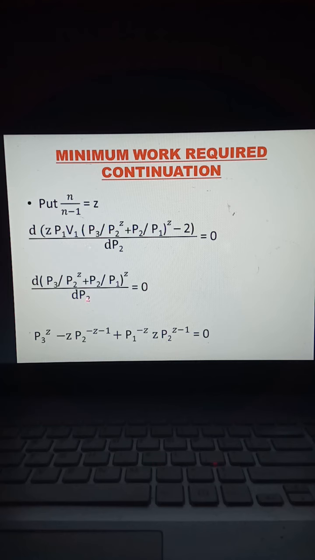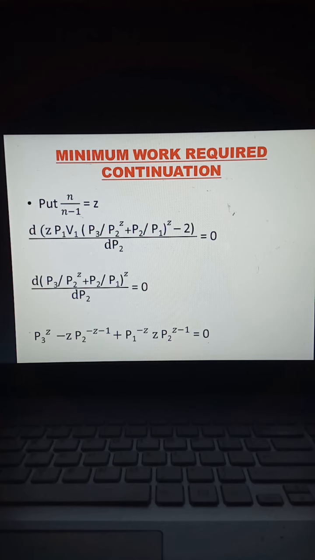Here, since we are differentiating with respect to P2, P3 is the term which is constant. So P3 raised to Z, I put it like this, and 1 divided by P2 raised to Z, I can put as P2 raised to minus Z. Then I can use the identity, n into x raised to n minus 1, with n as minus Z. So it will become P3 raised to Z into minus Z, P2 raised to minus Z minus 1.